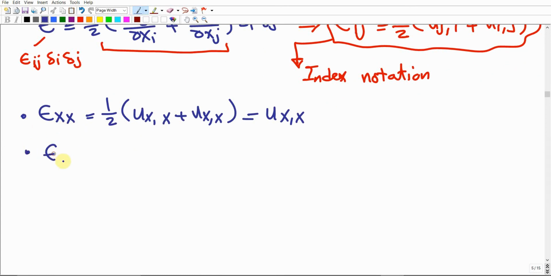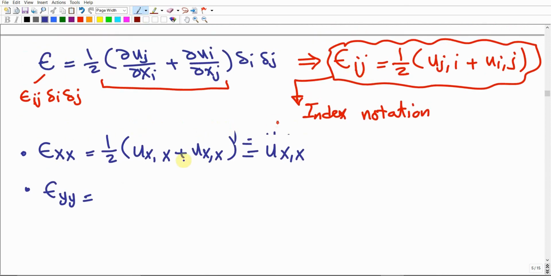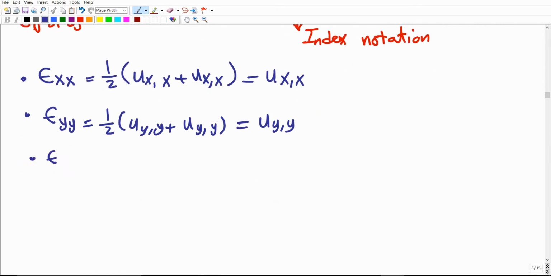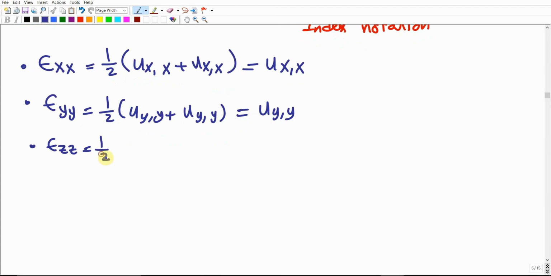How about epsilon yy? Assume that i and j are both y. This is going to give us 1 over 2 (uy comma y plus uy comma y), which gives us uy comma y. Epsilon zz, we are expecting the same: 1 over 2 (uz comma z plus uz comma z), which gives us uz comma z.